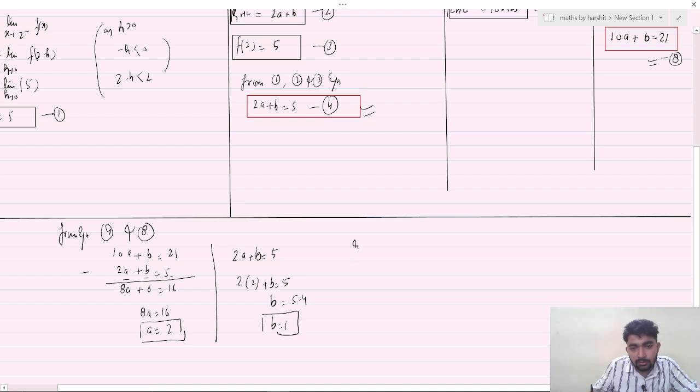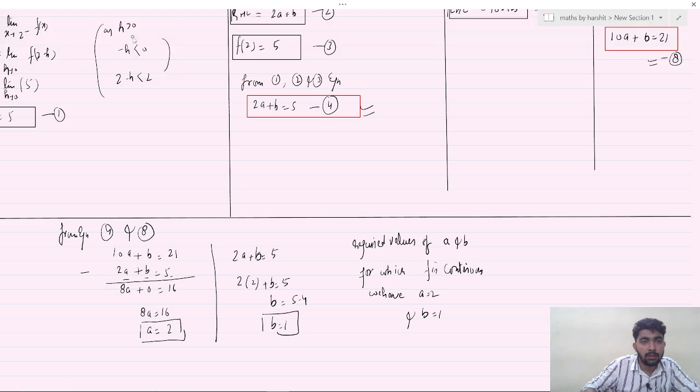So the required values of a and b for which f is continuous are a equal to 2 and b equal to 1.